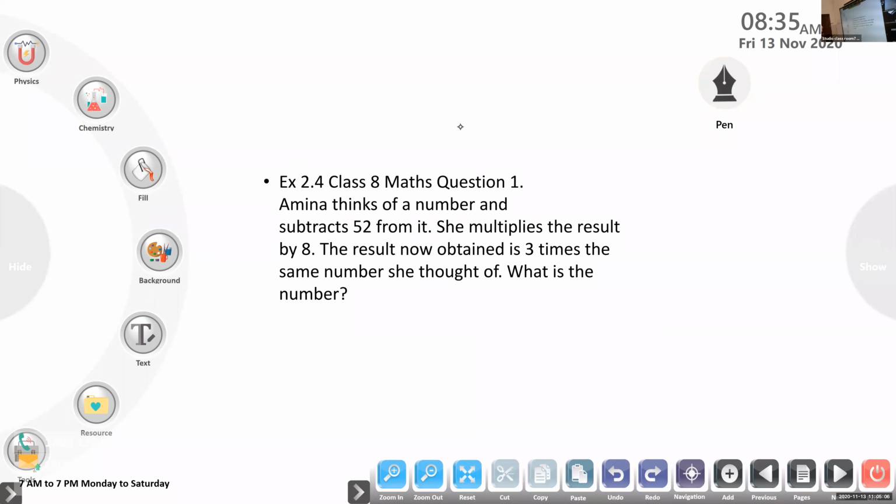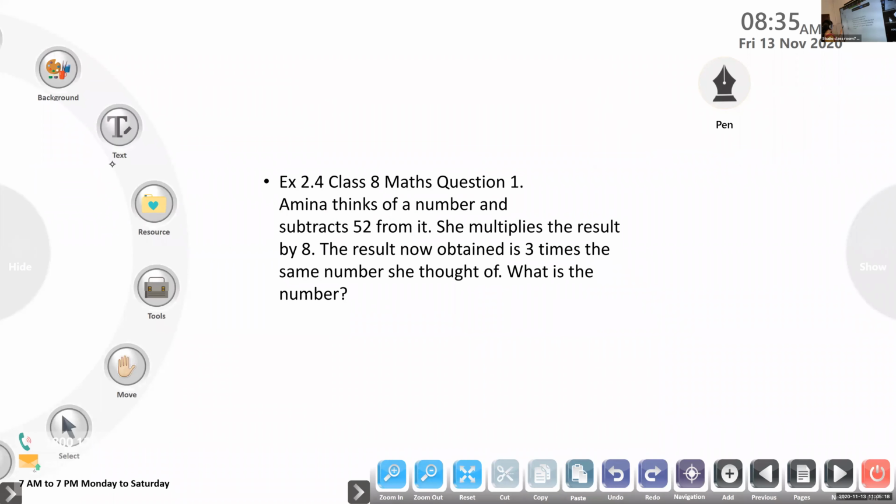She multiplies the result by 8. The result now obtained is 3 times the same number she thought of. What is the number?